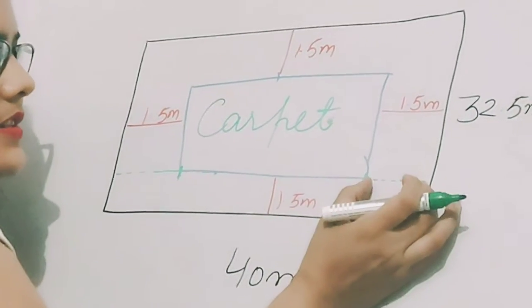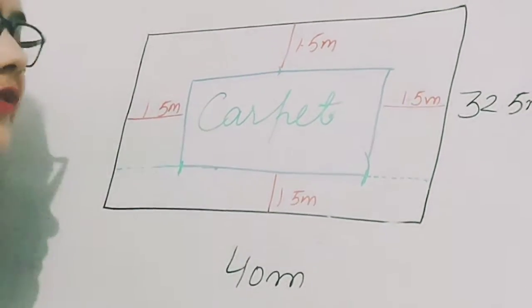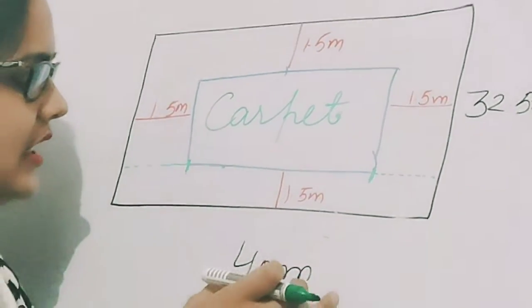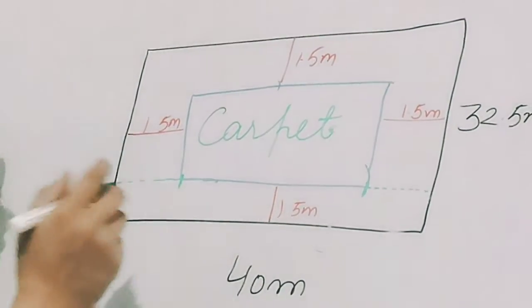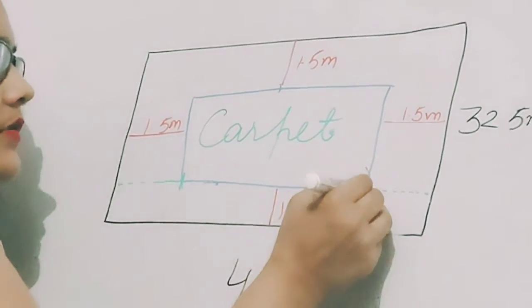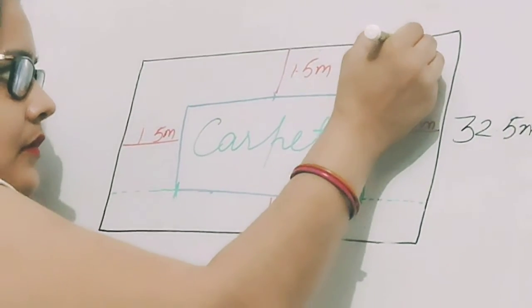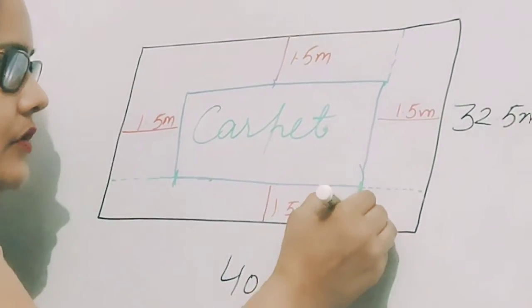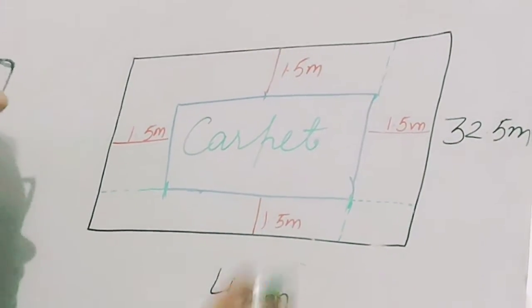We know the distance, this 1.5 meter. This distance is also 1.5 meter. So if we subtract 1.5 plus 1.5 from 40, we will get this. Similarly, if we see here, this is equal to 32.5.